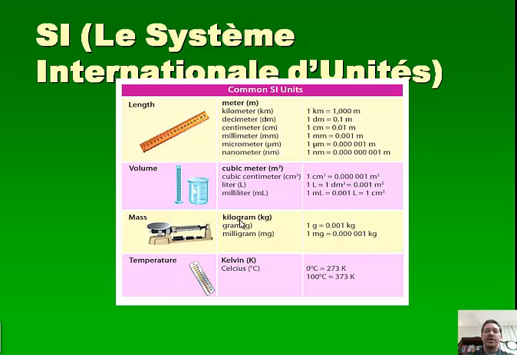Mass is measured in kilogram. If we have a smaller sample of substance, we use gram, or even smaller is milligram. For temperature, we can use either Kelvin or Celsius. I know we're used to Fahrenheit in the US, and Celsius gets used more than Kelvin does, so we'll probably stick with Celsius.